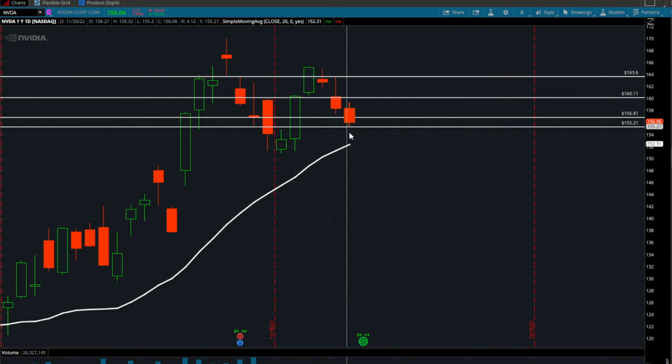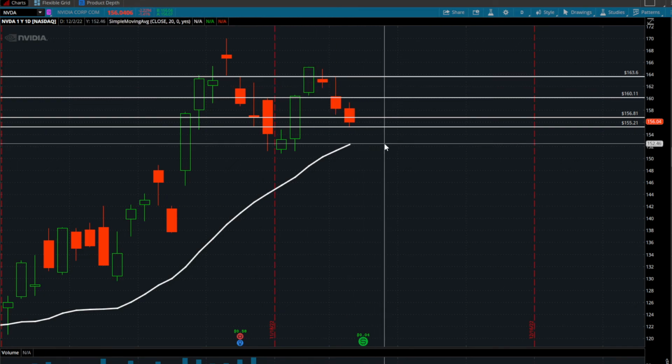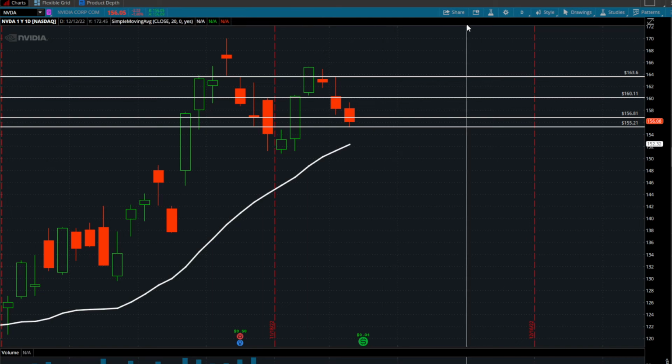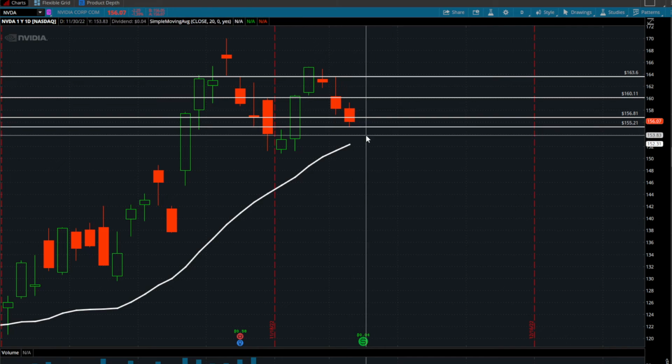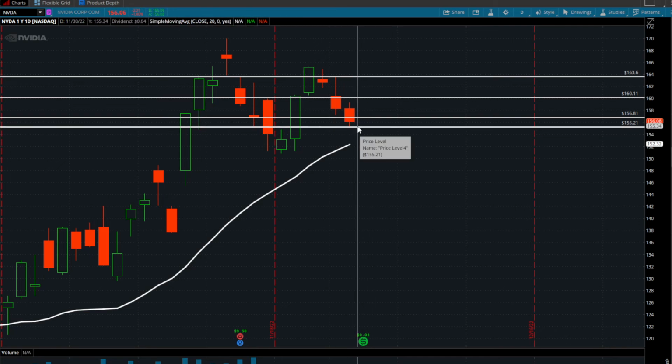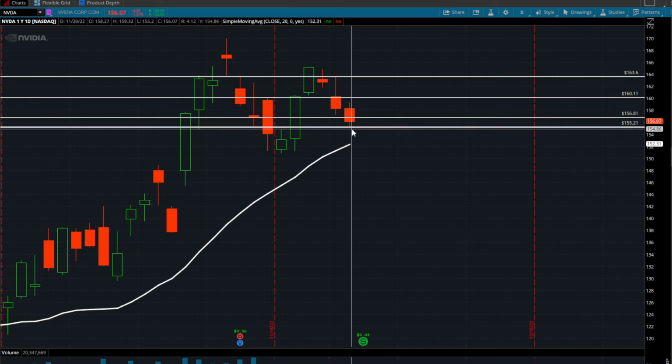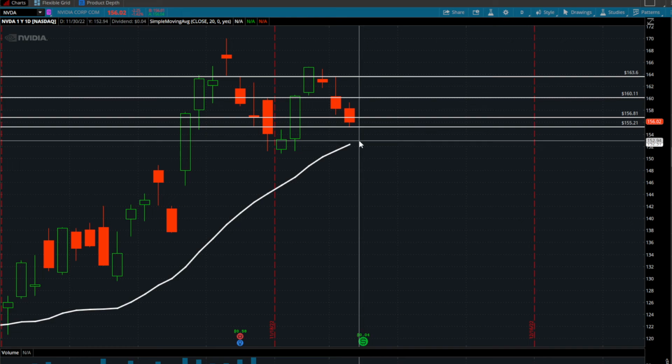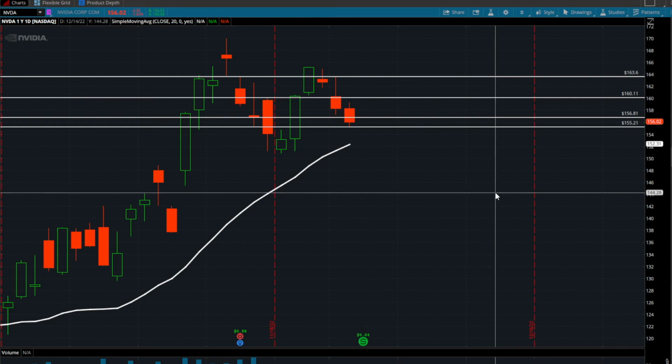From a macro picture, bulls can come all the way down here to 152, consolidate and bounce higher, and then start to take out these highs. But for the short term, anything below 155.21 going into tomorrow, which is going to be the 30th of November or the 31st, make sure you take this put position here. Anything through 155.21 has about $2 worth of room to go, so make sure you have that on watch.